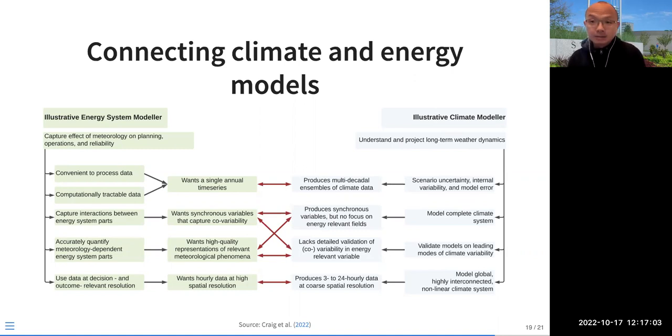So it will help us to have better modelers, both in the climate model community and in the energy modeling community. So this is another emerging research area that can link climate and energy system models.